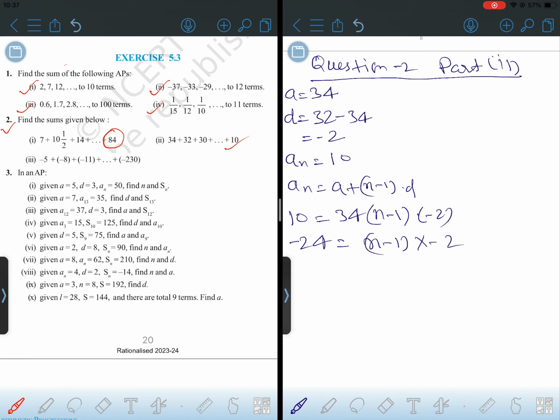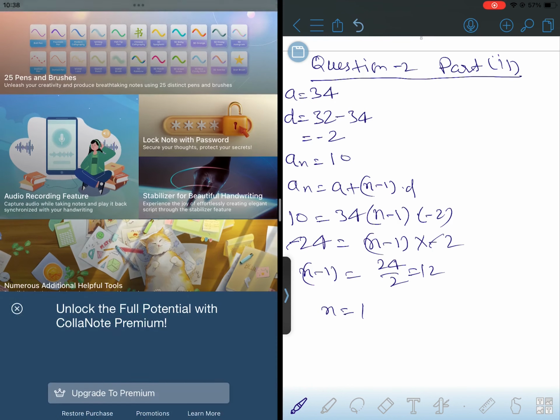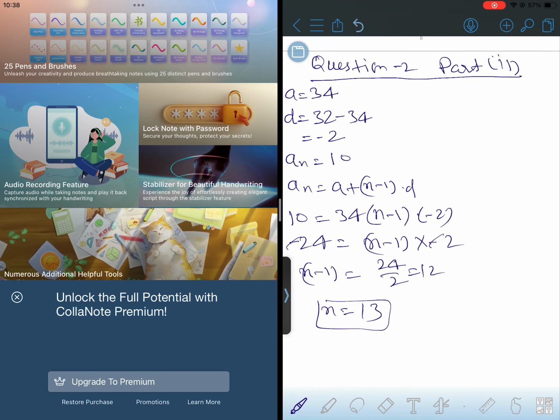We can cancel minus, and then we can say n minus 1 is equal to 24 upon 2. That gives us 12, or n is equal to 13, right? So we have got the value of n.